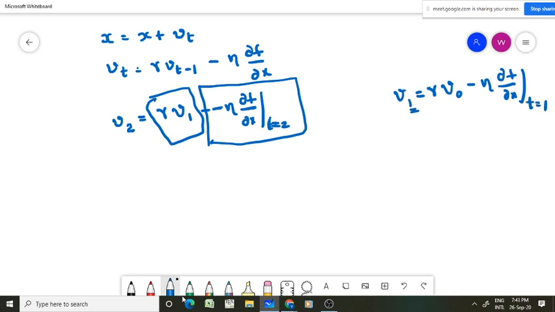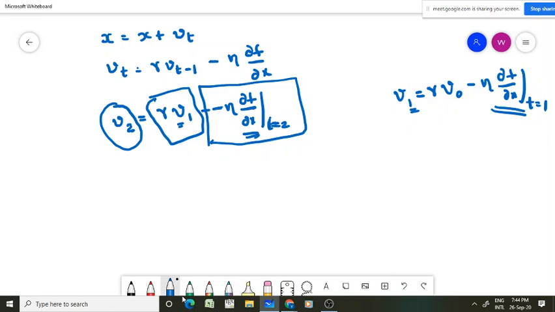That means if you want to calculate the velocity of your point while moving from the initial point towards the global point, its velocity depends upon two factors. One is V1, nothing but the gradient in the first iteration, that means the previous iteration, and also the gradient in the current iteration.